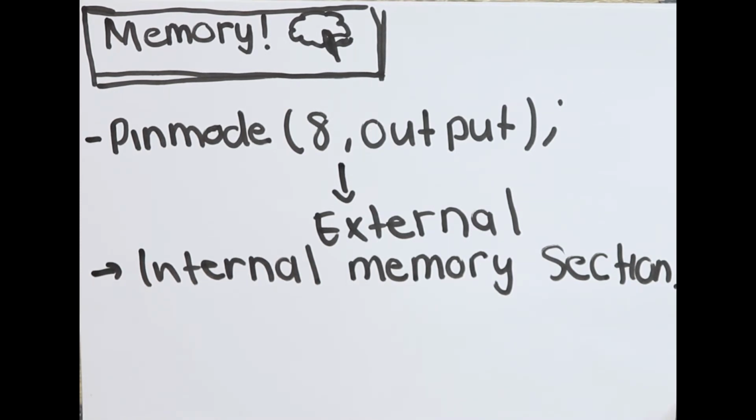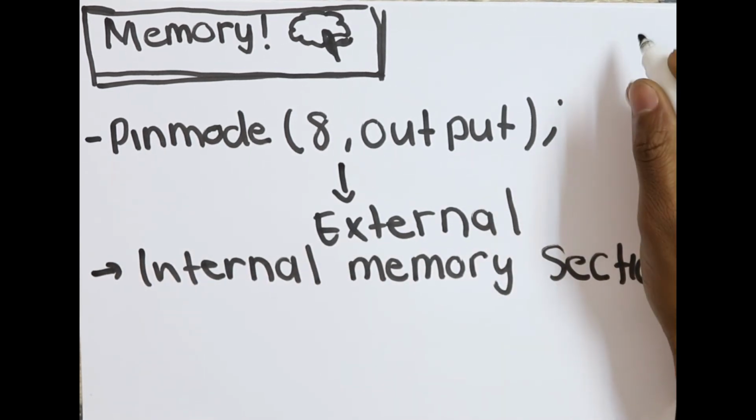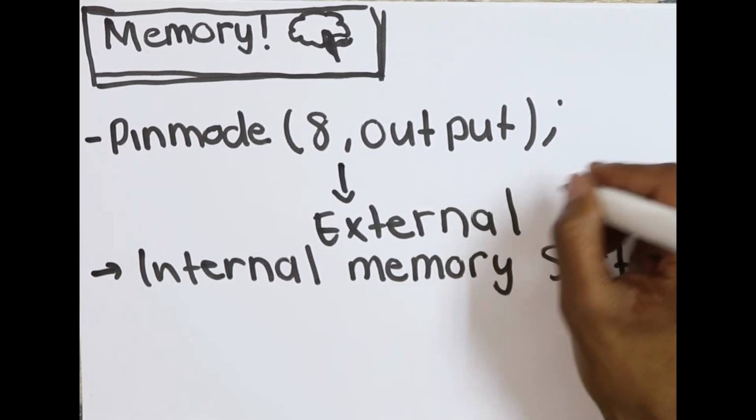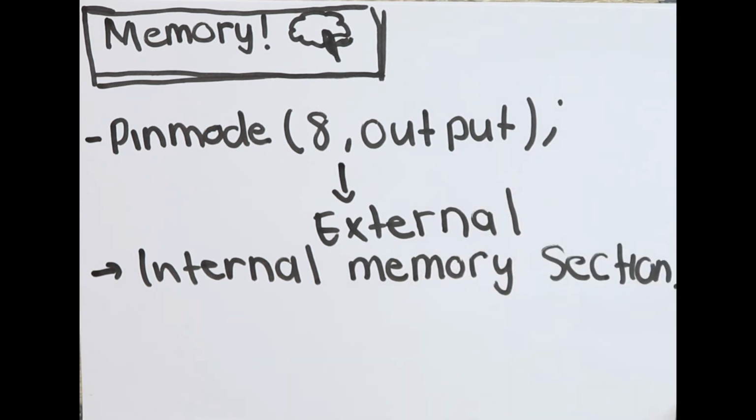An example of this would be when the LED is going on and off, which is done based on this function. We could also tell the Arduino, because it's a very smart machine, to keep in mind how many times the LED goes on and off, on and off. This will be handled by the internal memory section.